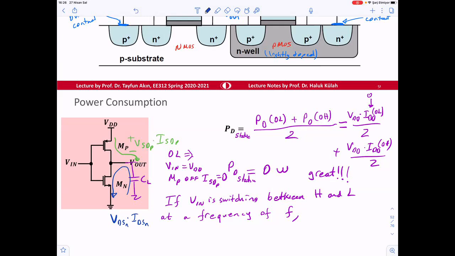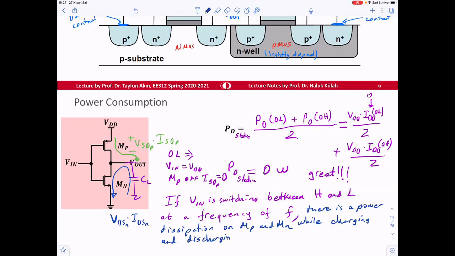Okay, so there is a power dissipation on MP and MN while charging and discharging CL.